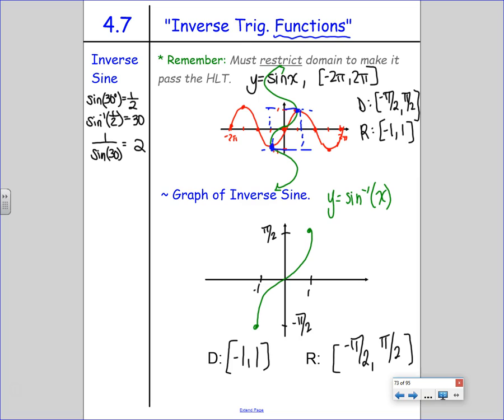The reason is we restrict sine to find what we call the principal value. We have to restrict it so that it doesn't fail. If I went any farther, it would fail the vertical line test. So we cut it off to where it doesn't fail the vertical line test. But that cutting off is going to restrict what answers we're looking for, the principal value.